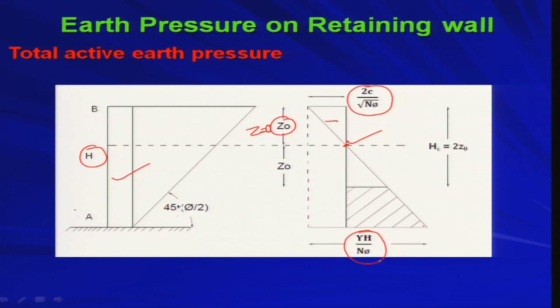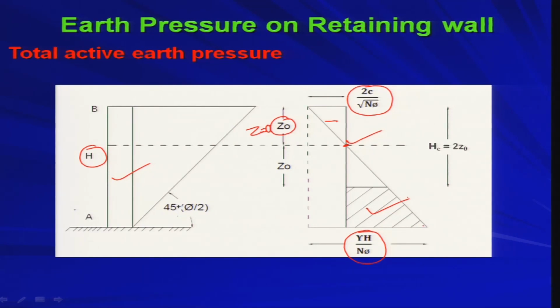This is the total minus 2c, so this much will not be there. This is the total pressure distribution. This hatched part is the total pressure distribution, that is the compressive stress or the compressive pressure thrust.